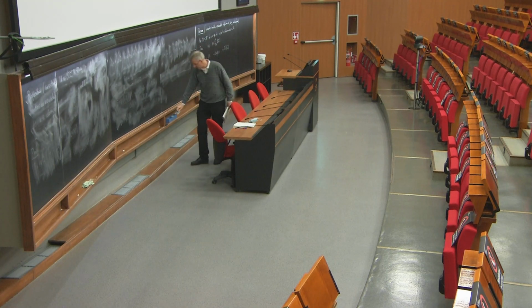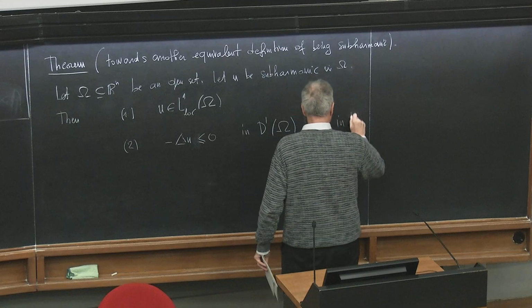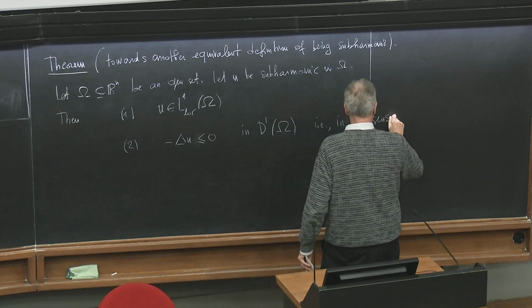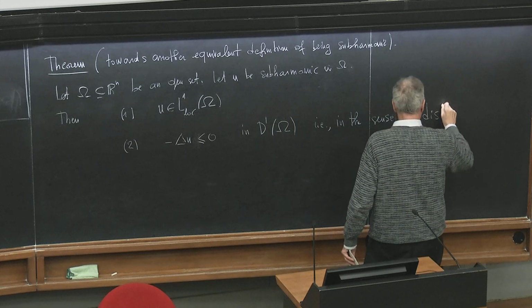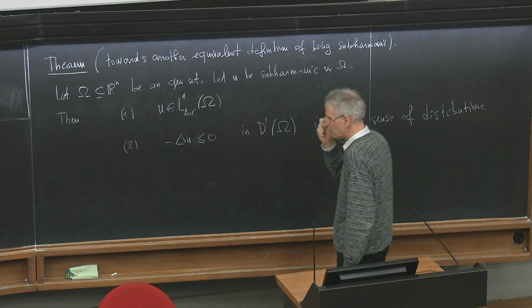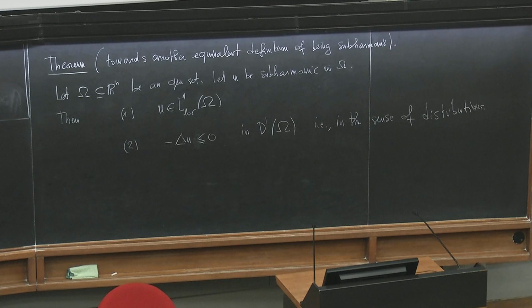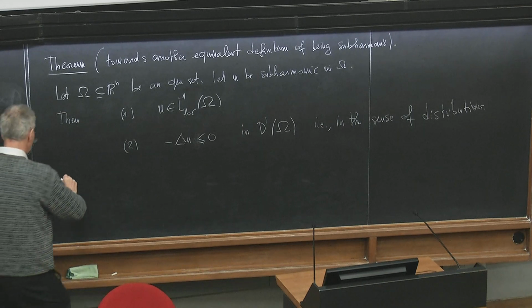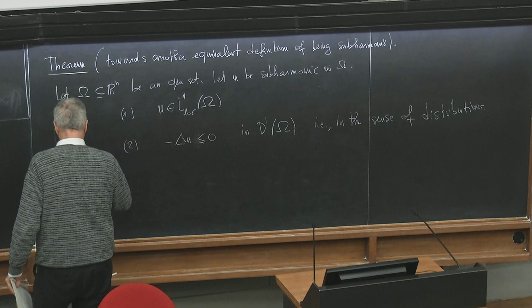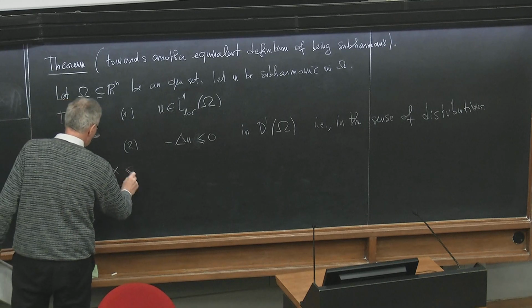This is just symbols, but in words, this is said in the sense of distributions, in the generalized sense, namely the integral of u times Laplacian of phi is less than or equal to 0 for any test function phi.